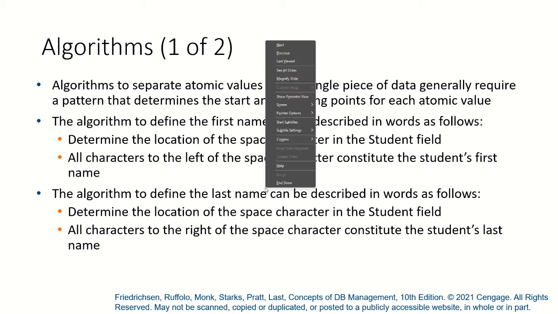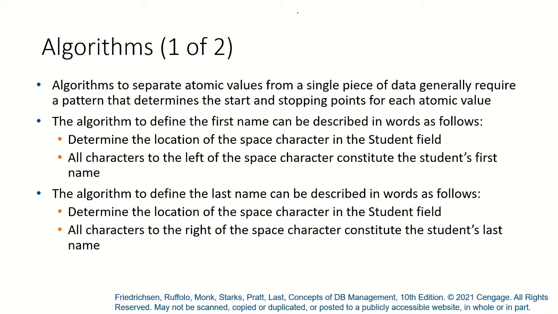So basically, what you need to do here is, you have a student name like John Doe. There is a space character here.